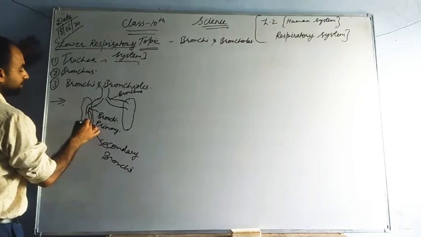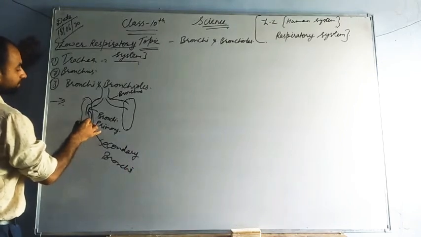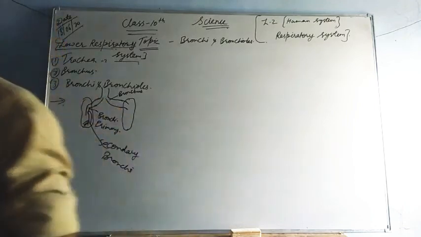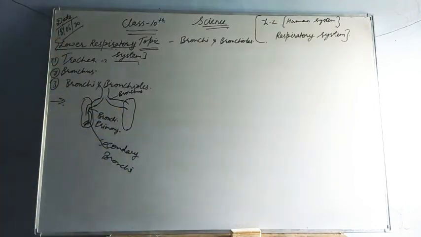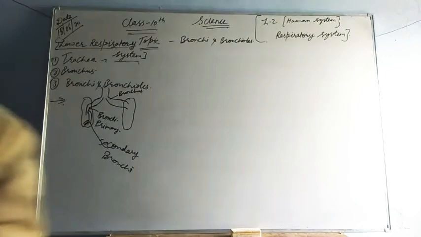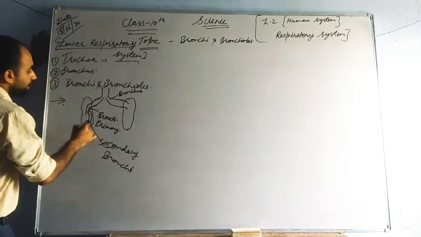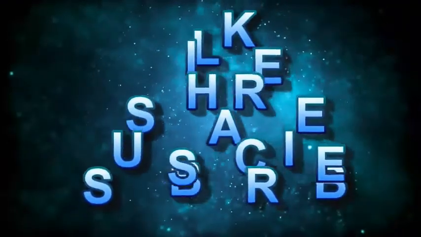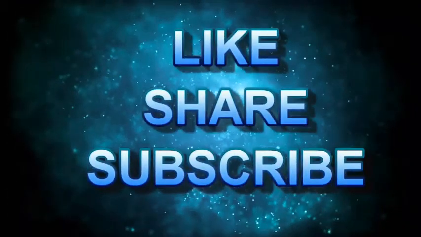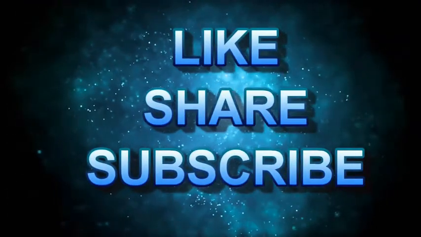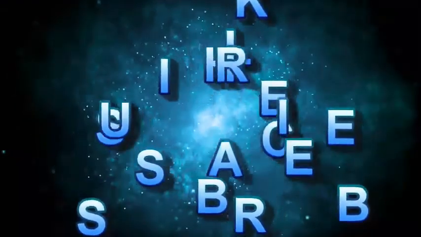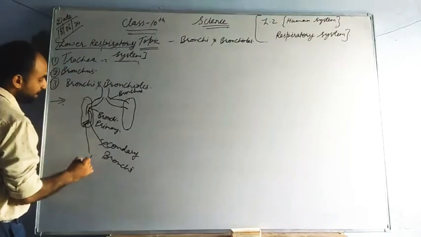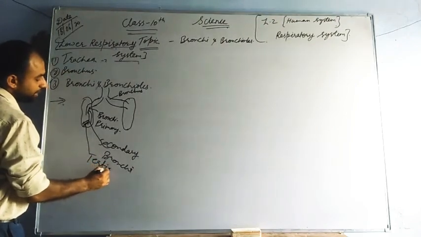After that, they have been branched again. Now, after that, they are going to be divided again, and that is called tertiary bronchi.